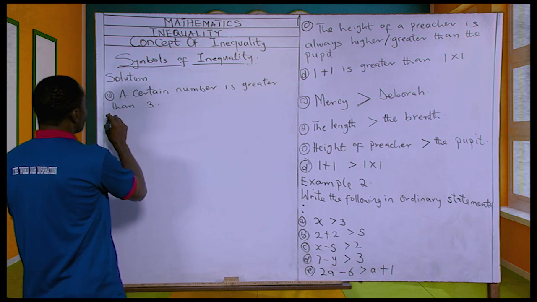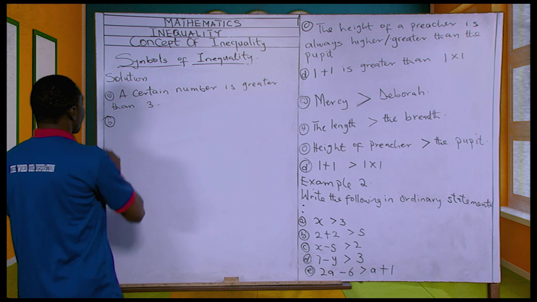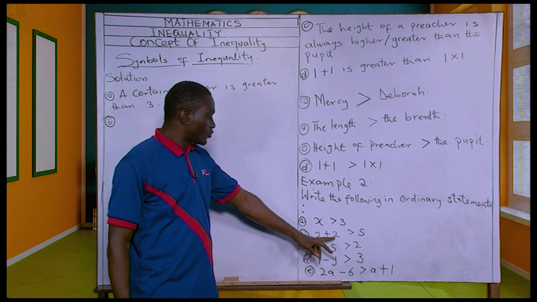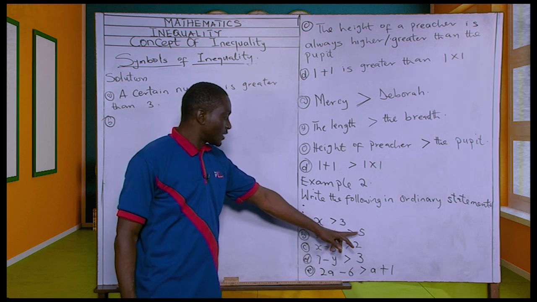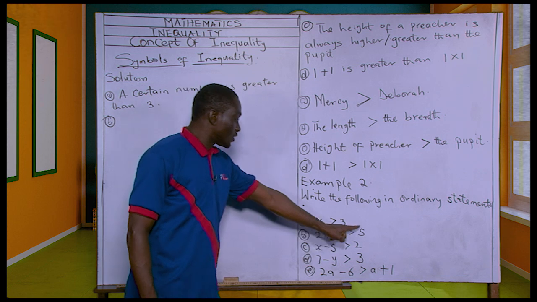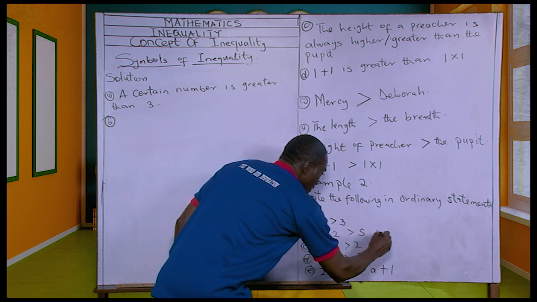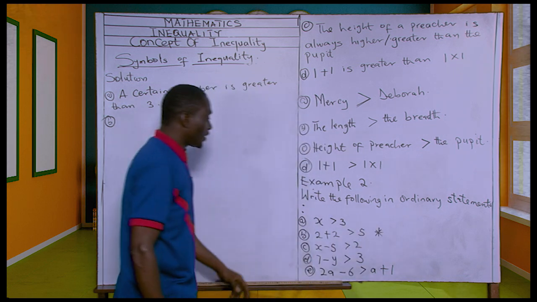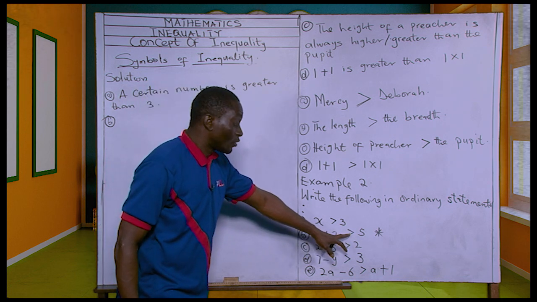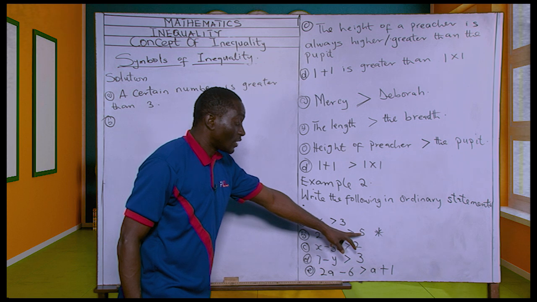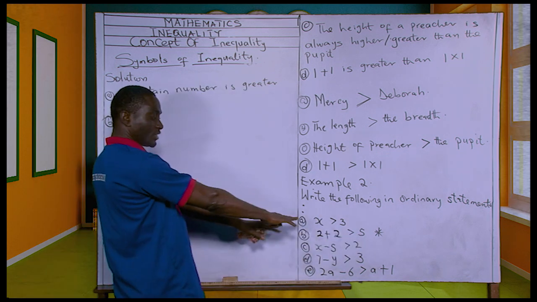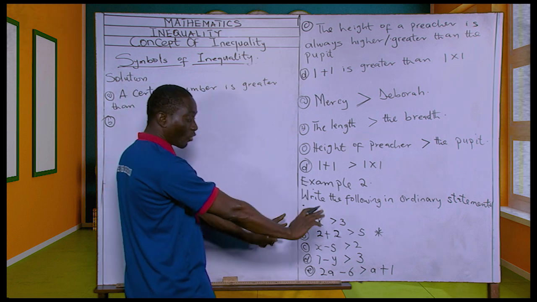Now, question B. 2 plus 2 is greater than 5. Oh no, this question is wrong. I've written a wrong question here. 2 plus 2 cannot be greater than 5. So now let's change the question to a correct one.